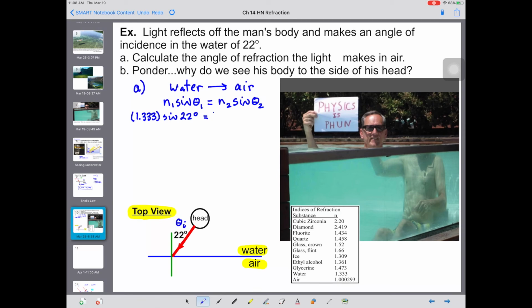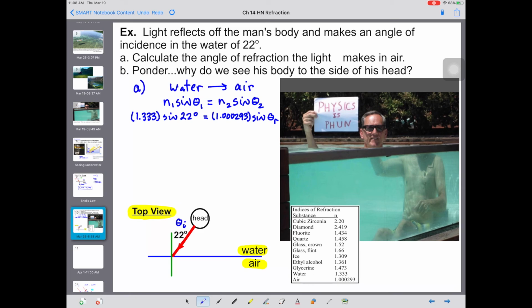N2, your second substance is air. Looking down at the table, the index of refraction of air, 1.000293. And the angle that would be made in air would be an angle of refraction. We don't know that value, so I'm going to put sine theta r.